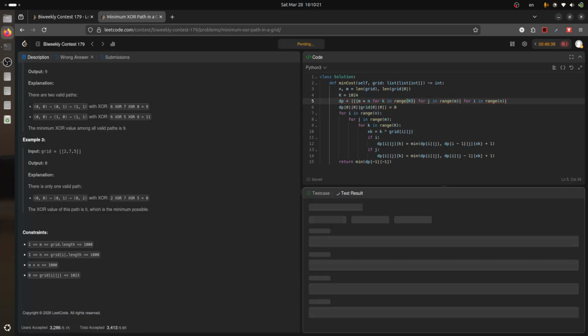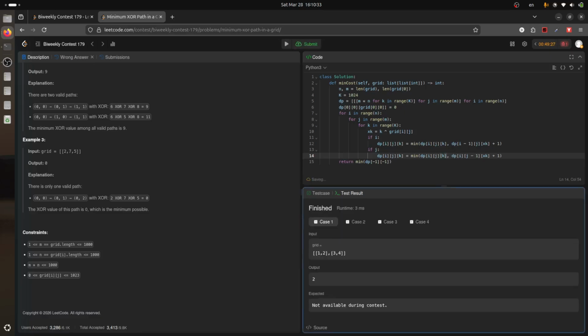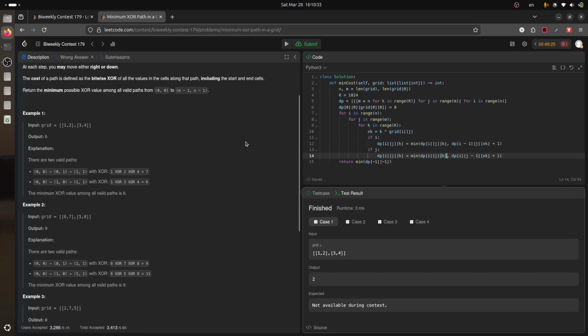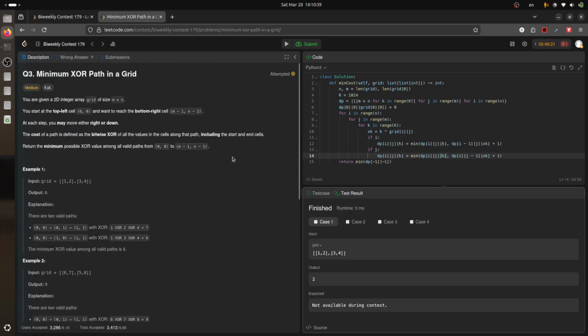Yeah, that's an extra bracket there. Int list. So dp[i][j][k] is the minimum XOR value among all paths.